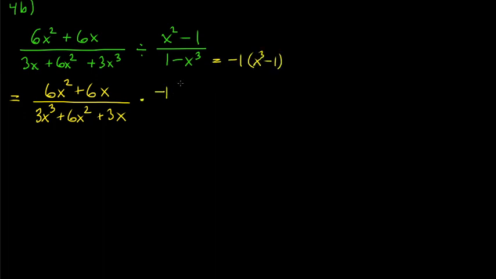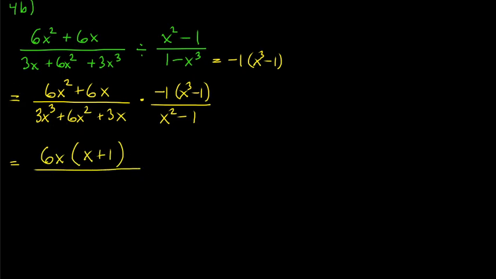So I'll just factor out the negative 1. Again, you don't have to. It's just a personal preference of mine. All right, so that's keep, change, flip. Now we factor and cancel. Okay, so for the first numerator, well, the GCF is 6x. I hope that's obvious. So that multiplies x plus 1.